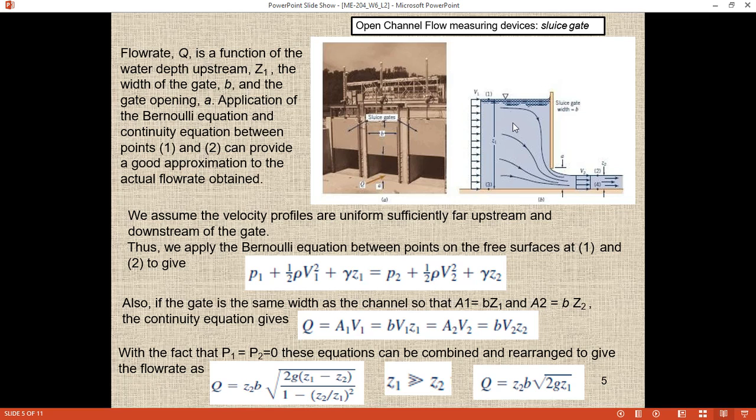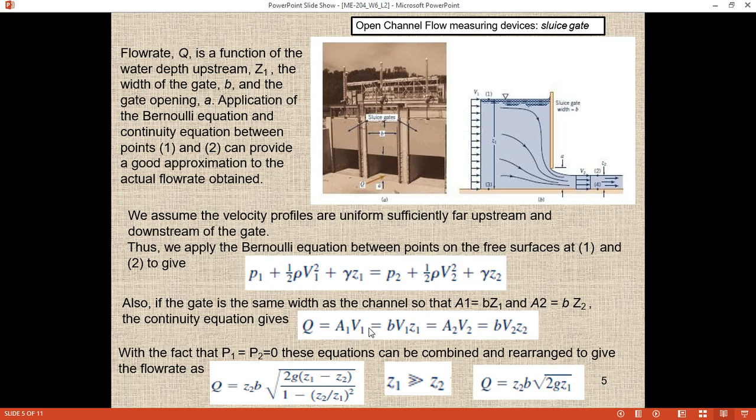Here, the atmospheric pressure P1 is 0, and here also, since it is an open channel, the atmospheric pressure at 2 is 0. So P1 and P2 will be 0. Separate V1 from here and V2 from here and insert the values in this equation.